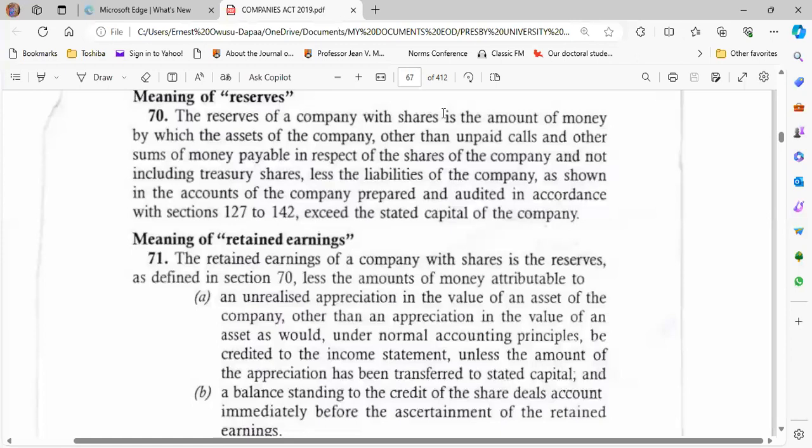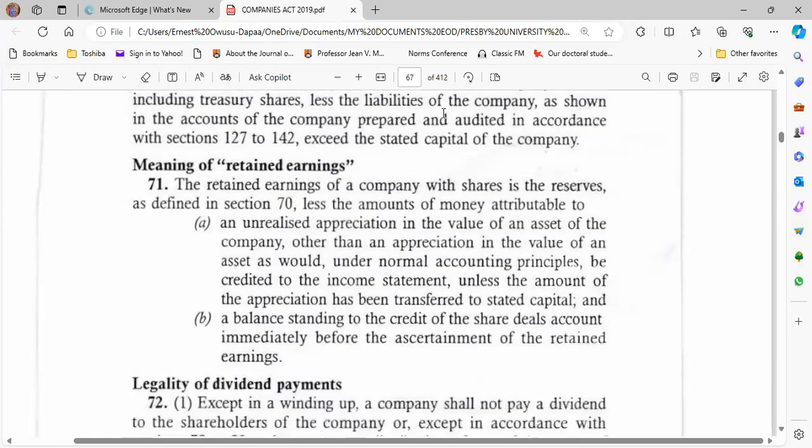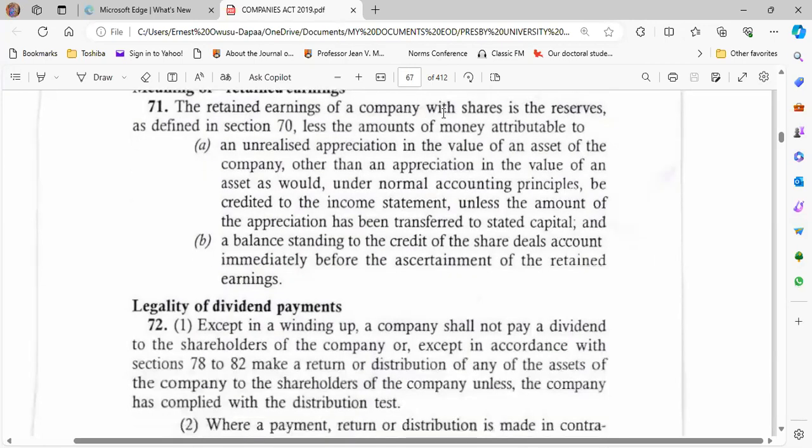If you remember, the share issue account is the account which is set up where shares are issued, money needs to be raised in order to finance redemption of redeemable preference shares and so on. So that is the share issue account. So when you have taken monies which are standing to the credit balance of the share issue account from the reserves, then what we have is what we call the retained earnings.